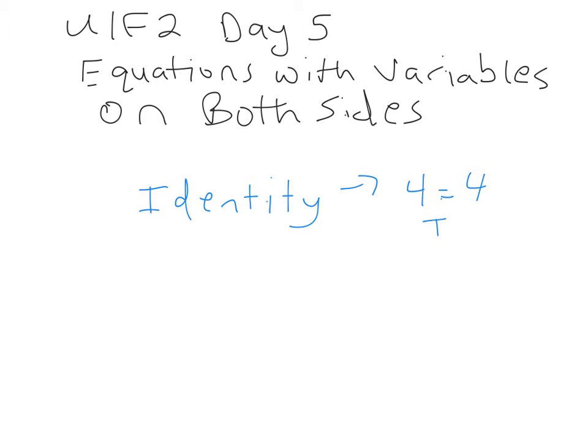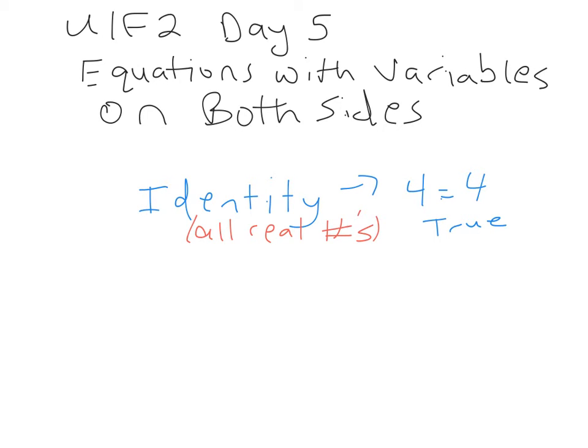So if that's a true statement, it's an identity. Another way to think of it, which mathematicians sometimes like to use, is all real numbers. So either one of those is correct for this case.